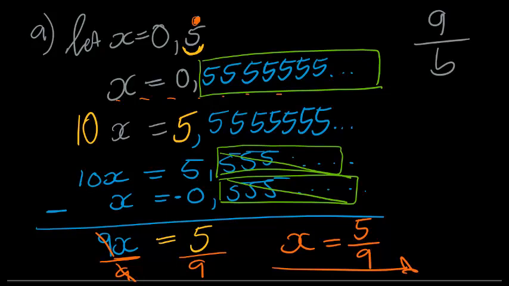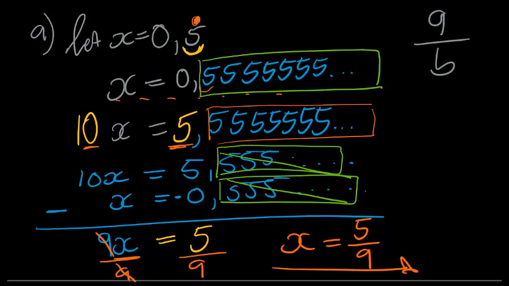So I need to get the same numbers behind the 0, and I need to move the decimal so that I have a number in front. So I know in this instance I move it one decimal place, therefore I have one digit in front. So it's going to be 10, which is one decimal place. I subtract 5.5 recurring from 0.5 recurring, and my answer is going to be x equals 5 over 9.